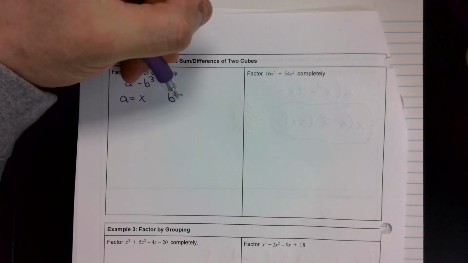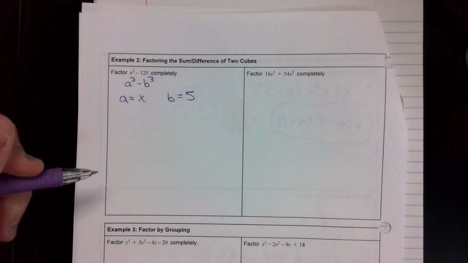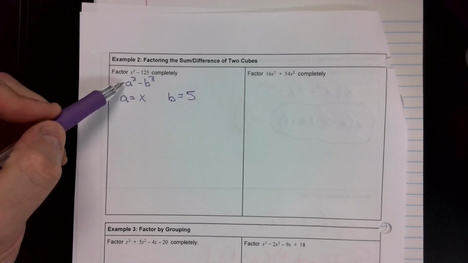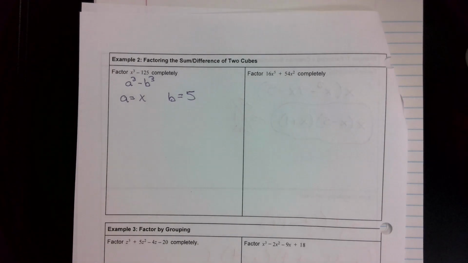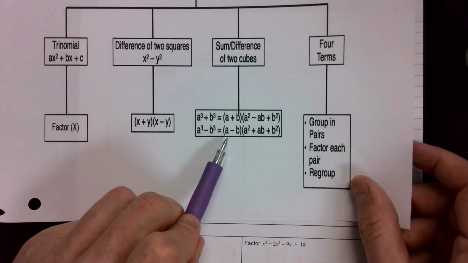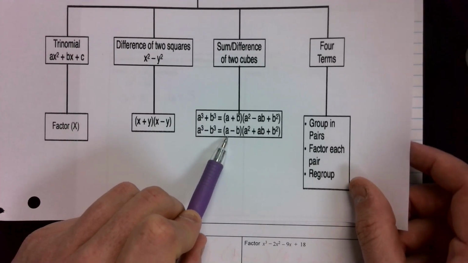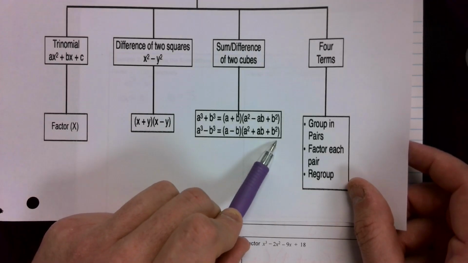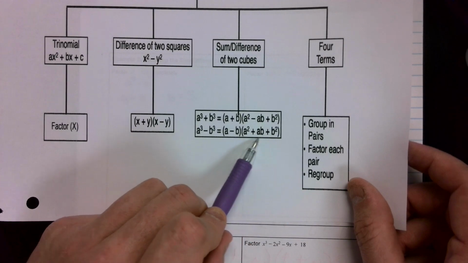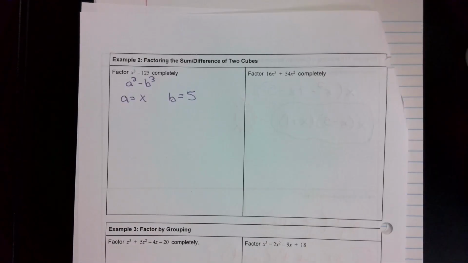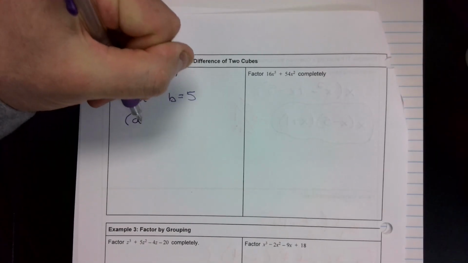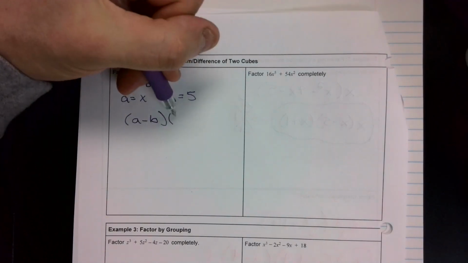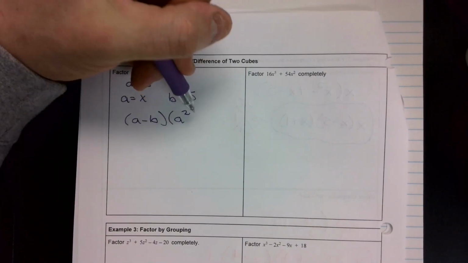Because this is a subtraction between them, we want to use this form right here, the bottom one, and anywhere I have an a, I'm going to replace it with x over here, and any place I have a b, I'm going to replace it with 5 over here. And so let me write that down. We have a minus b, and then we have a squared plus ab, and then plus b squared.